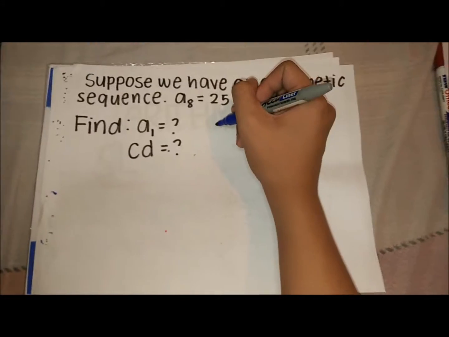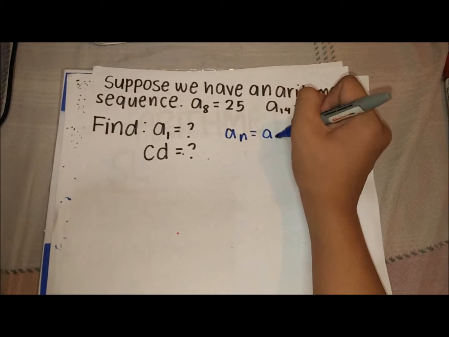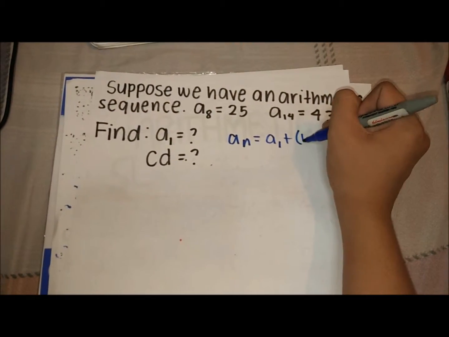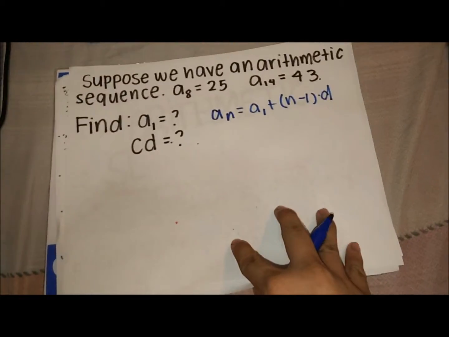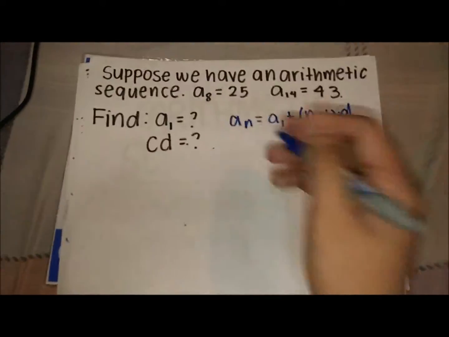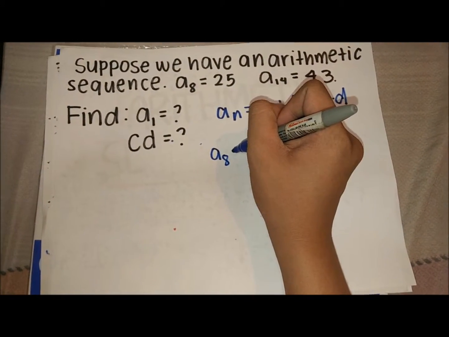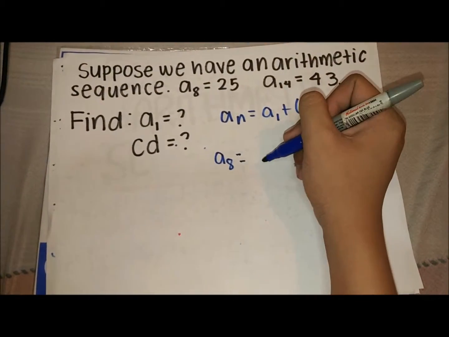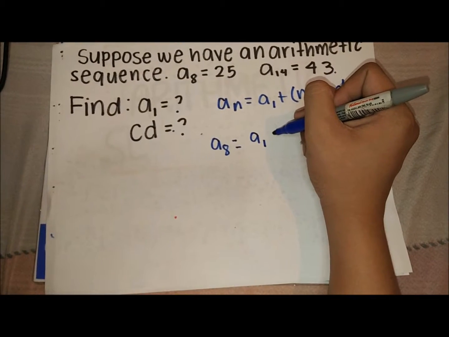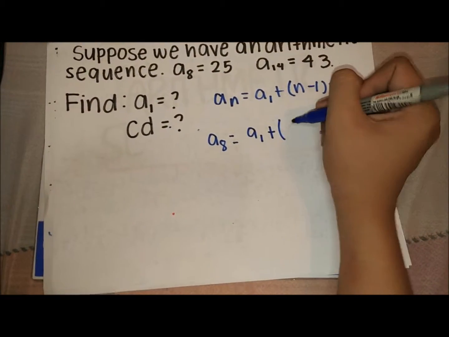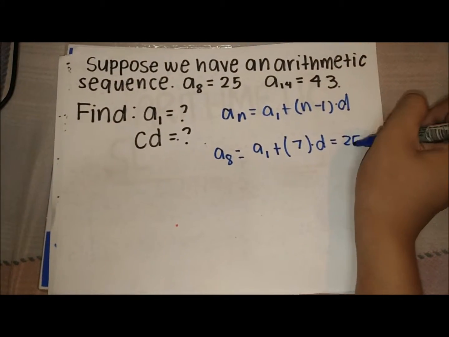So using the formula a sub n is equal to a sub 1 plus (n minus 1) times d, I think we could solve it. We were given that a sub 8 is equal to 25. So, substituting this, we get a sub 1 plus 8 minus 1, which is 7, times d is equal to 25.